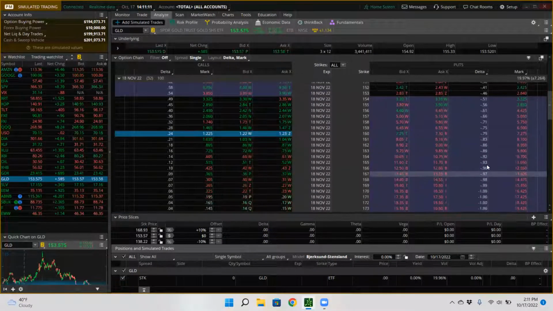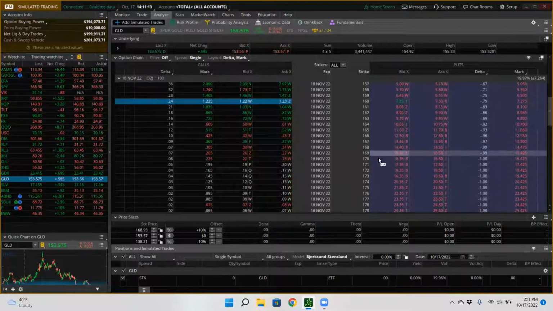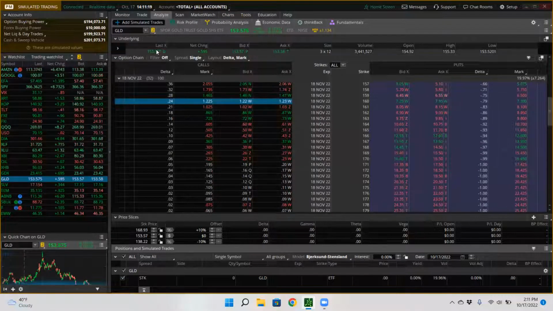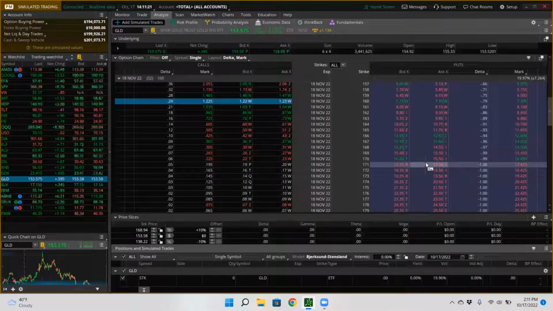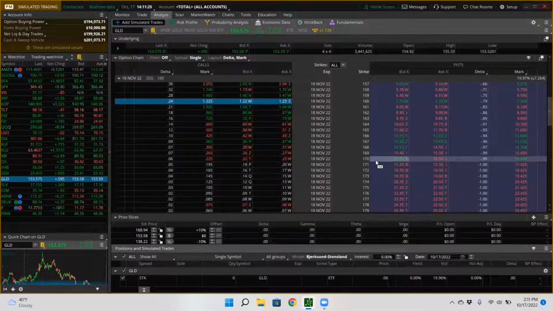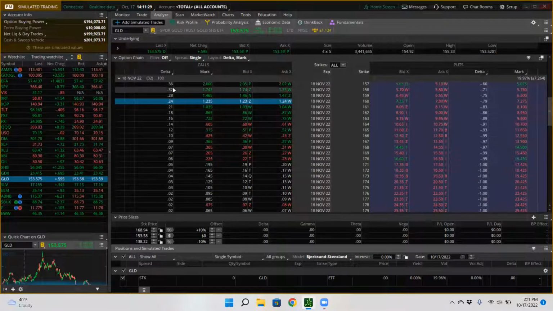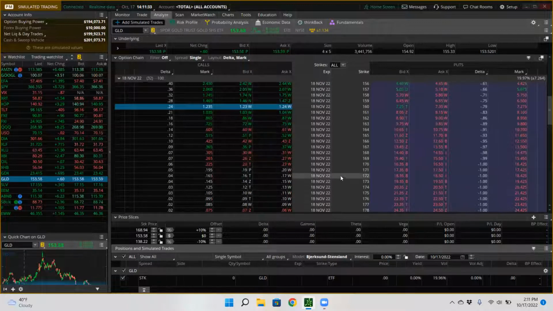Same thing with the put side. If we look on this, so this is essentially saying that as a put, if we buy a put, we're assuming that the underlying is going to decrease. There's a 100% chance that the underlying will not reach $171 on a strike price by November 18th of 2022.